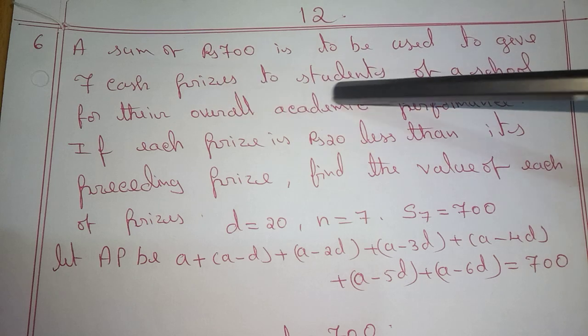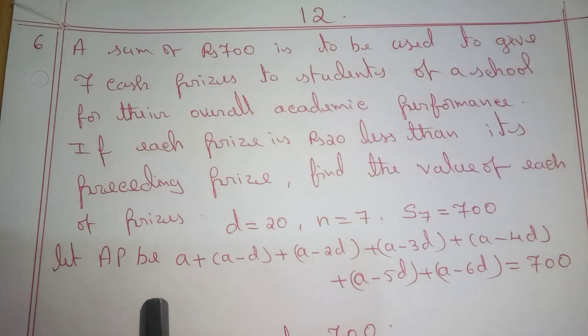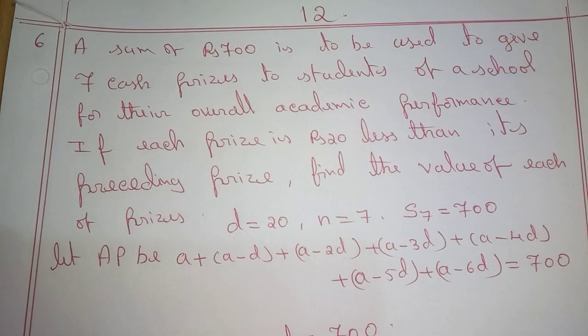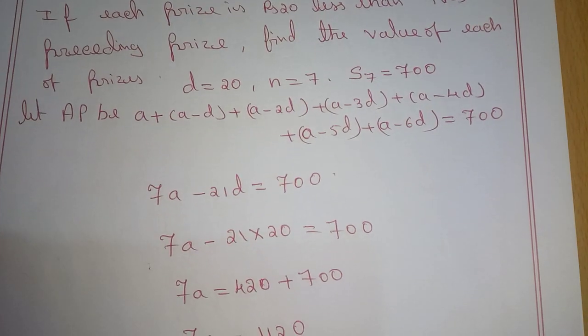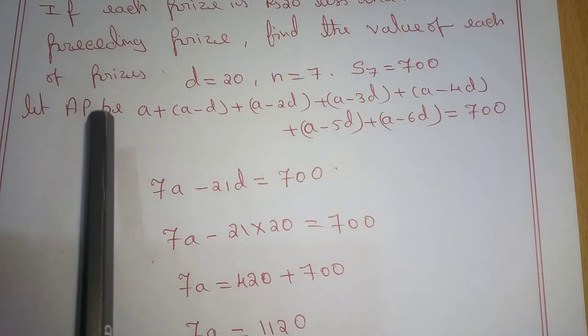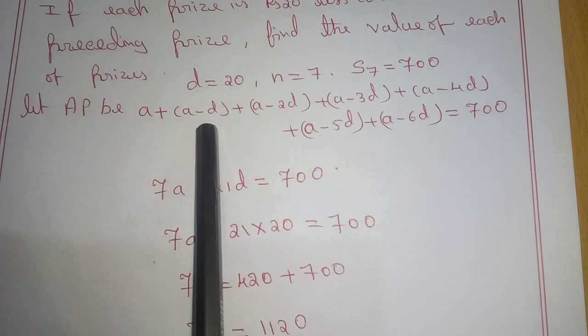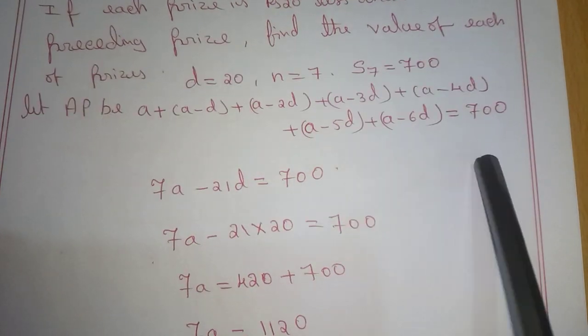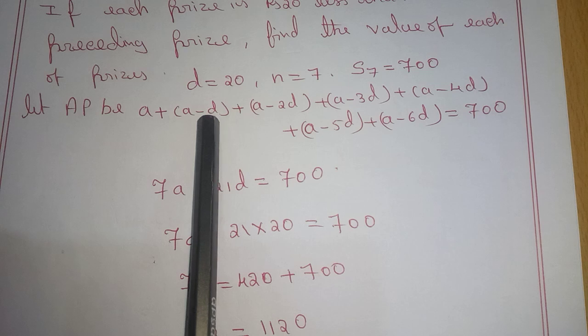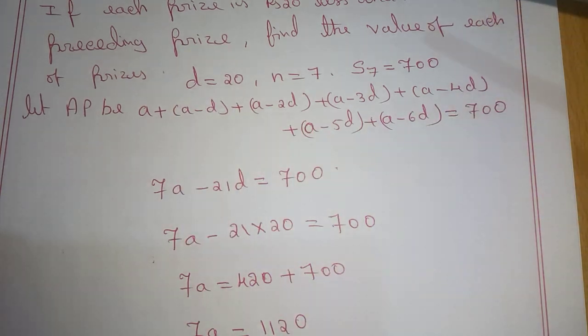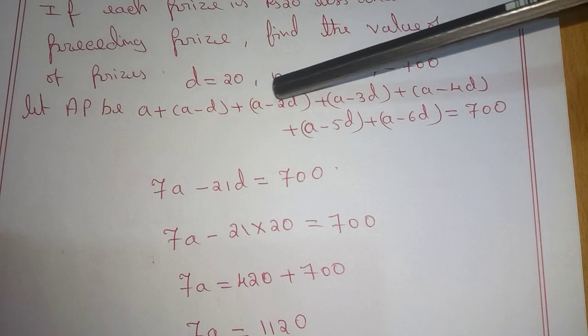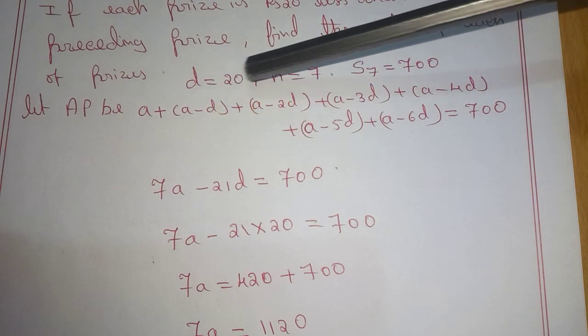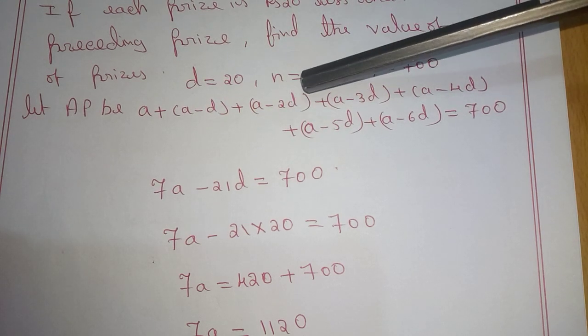Seven terms should be added. Let us write AP, sum of the terms. A plus, we have to go on decreasing the value, so it is not A plus D, it is A minus D. Plus, it's 1 time D, next term 2 times D, A minus 2D.